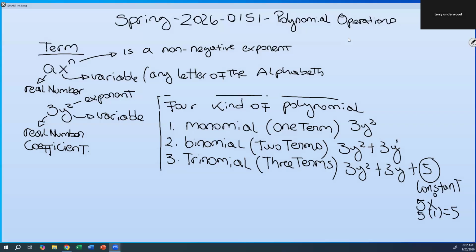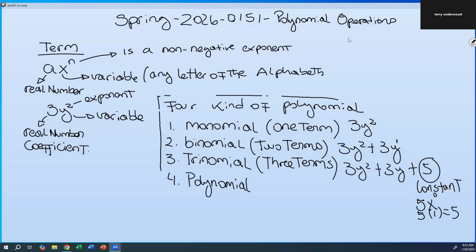So you can say that a constant, 5, also is a polynomial. And then anything after that we call polynomial.